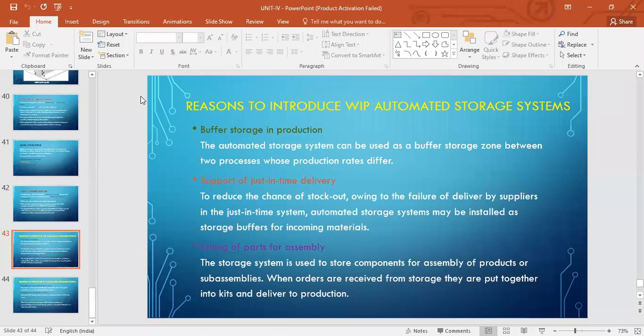Not instead of having it between two machines, between two workstations, like what we have seen earlier. That's what we saw, that there is a buffer storage in between two workstations. So instead of having it here, why not have a dedicated storage? That's what we call buffer storage.